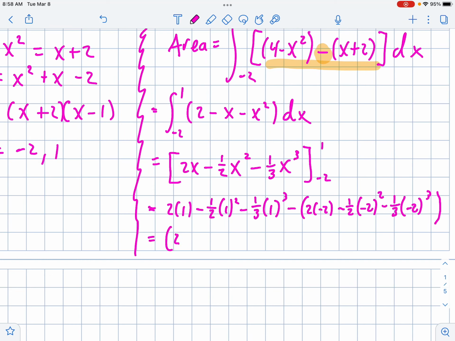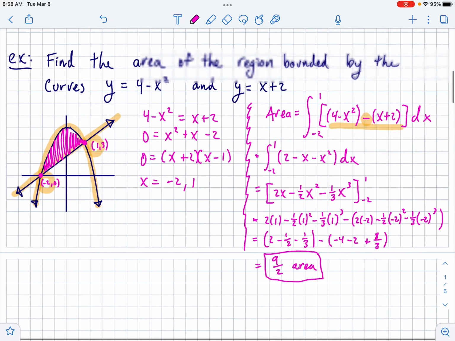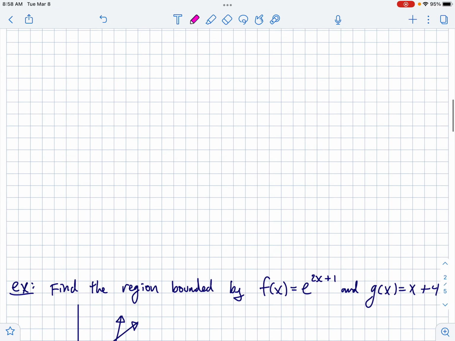If you simplify it, it is 2 take away 1/2 take away 1/3, minus negative 4 minus 2 plus 8/3. If you do some common denominator work, I think the whole area turns out to be 9/2. So that is the area between those two curves.